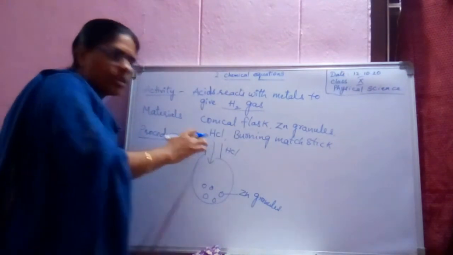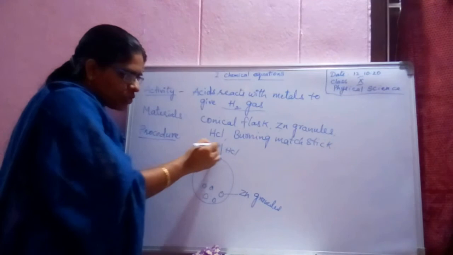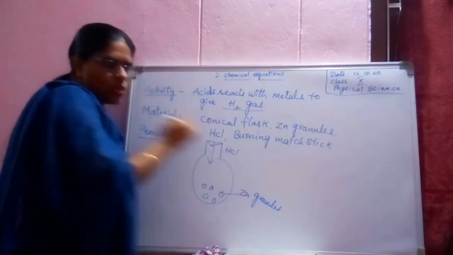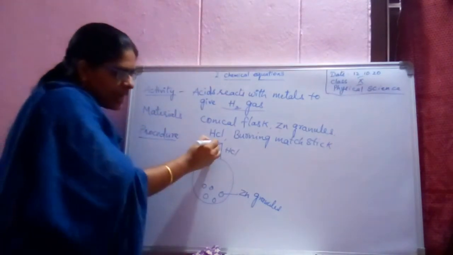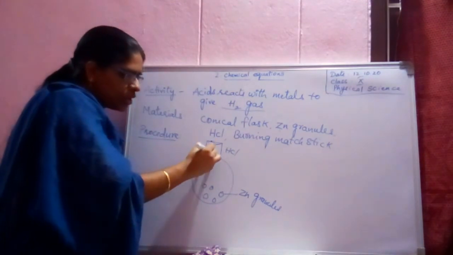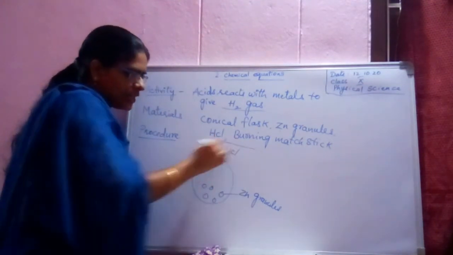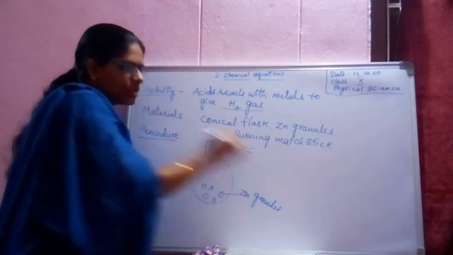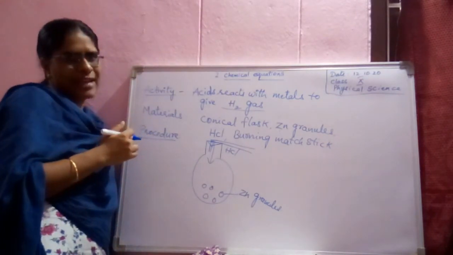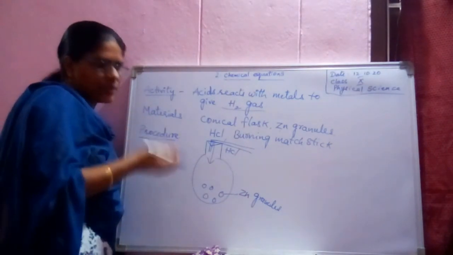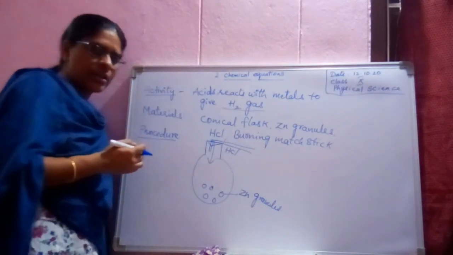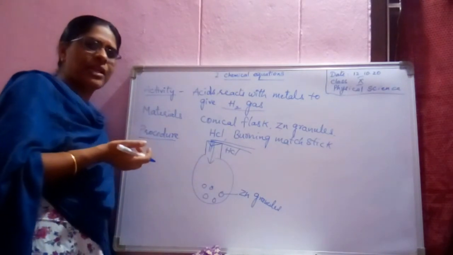If you want, you can close the mouth of the conical flask with a stopper or a single holed rubber cork, and from this hole, you can send a delivery tube. Why are we closing the mouth of the flask? Whatever reaction happens with the zinc and hydrochloric acid, some gases will be coming out.